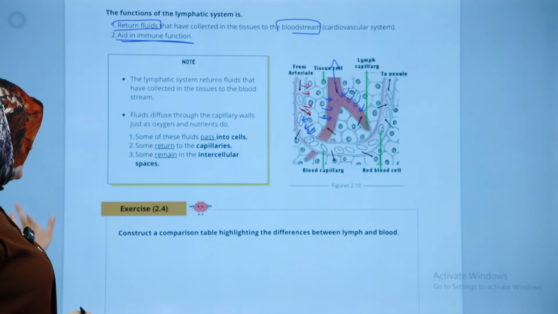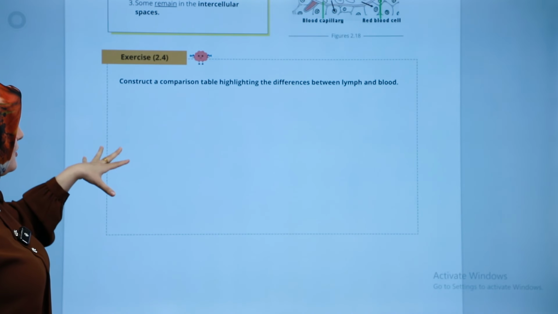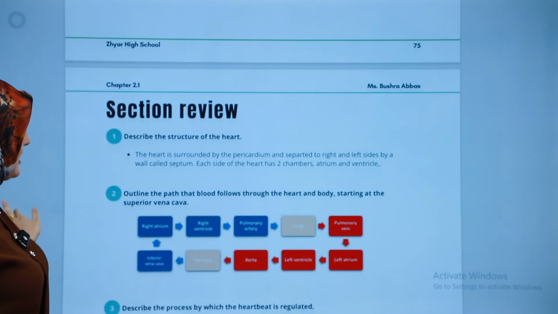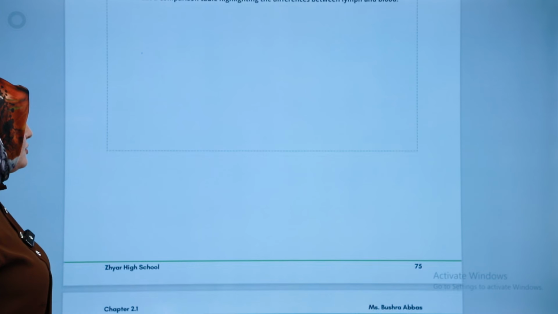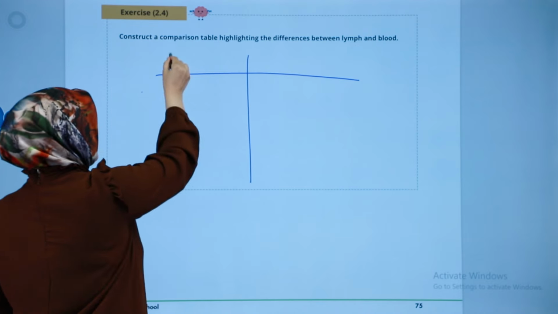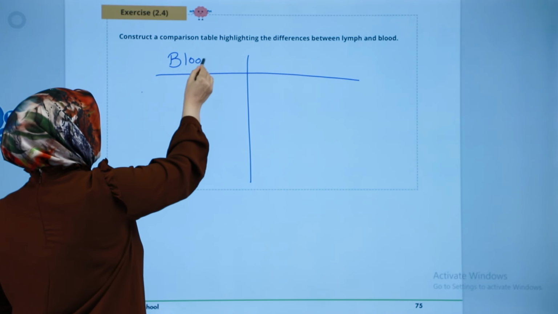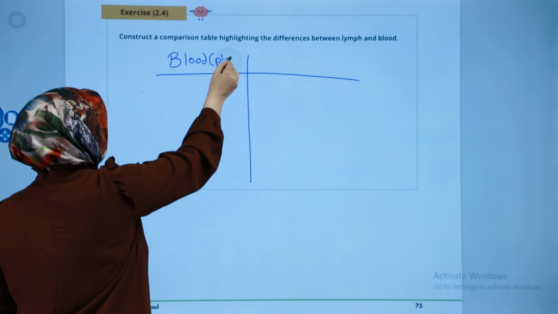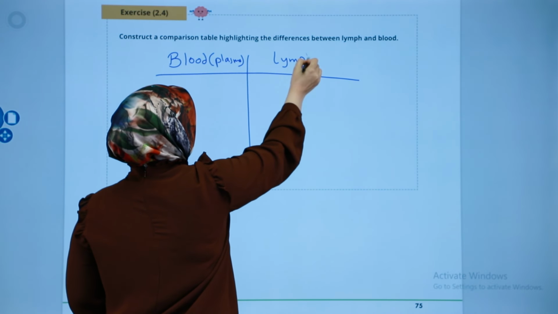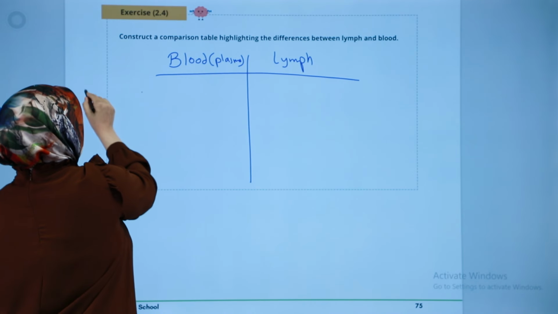And with that, we're done with this section. You can write down some notes here. And I could write you a table. Remember, I promised you that. We said the blood, especially plasma, is different from the lymph, okay, in terms of what?